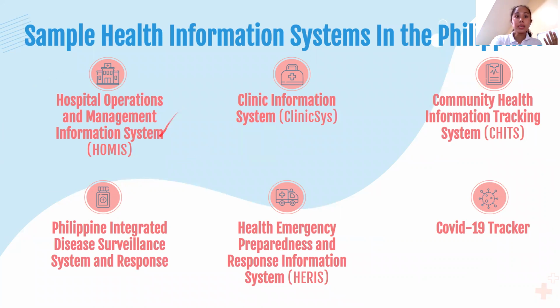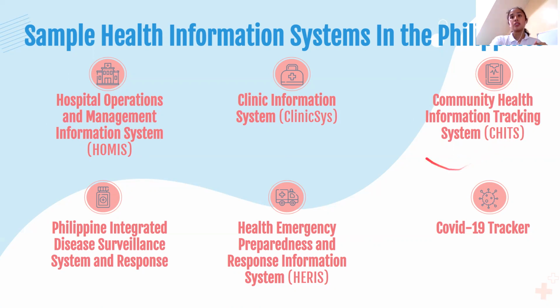So we have HOMIS. HOMIS is used in government hospitals. An example is BGH. They use HOMIS, Hospital Operations and Management Information System. So class, your laboratory utilizes HOMIS because it's under the government hospital. Another example is SHEETS.